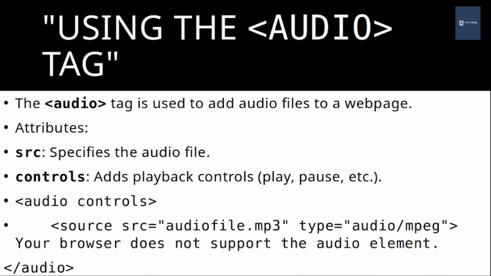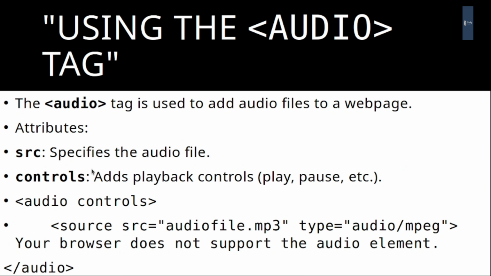So here is a small example of how to use the audio tag. The audio tag is used to add audio files to a web page. We have some attributes which are necessary for us. The first attribute is src, as we used in an image tag, which is the source file and specifies the audio file.